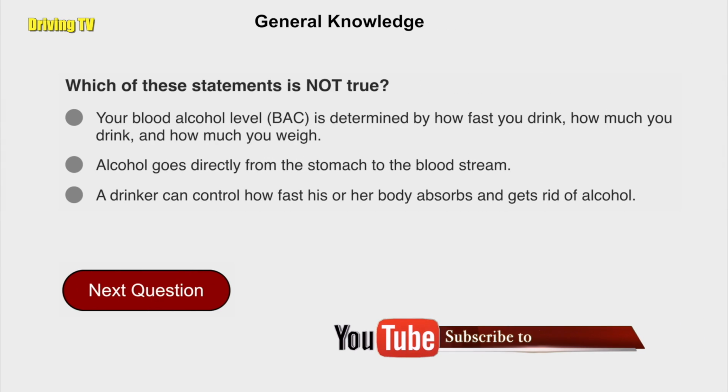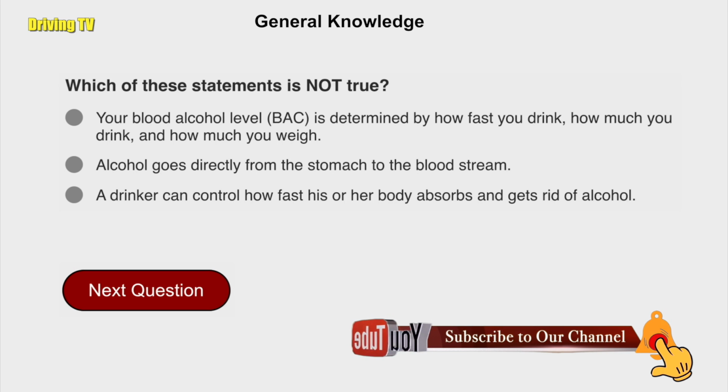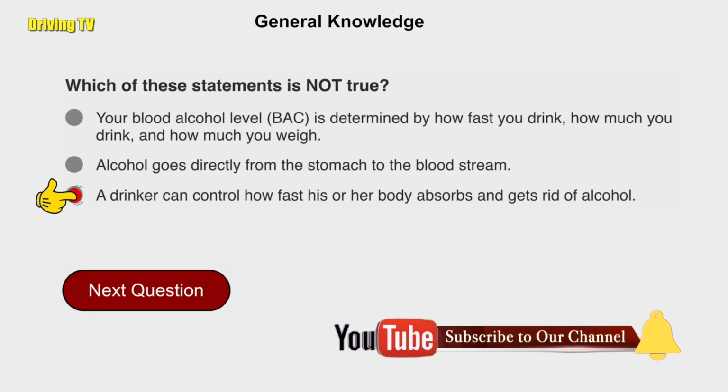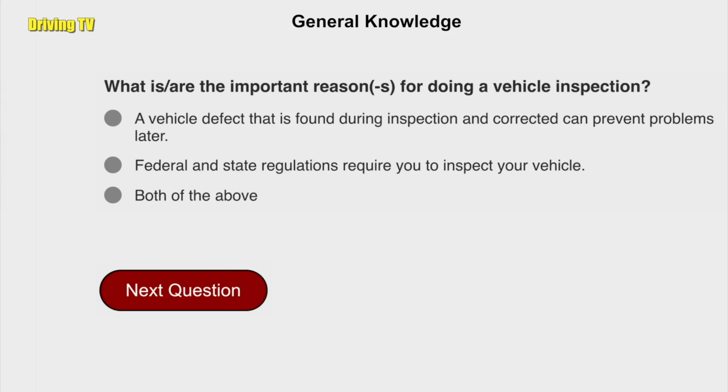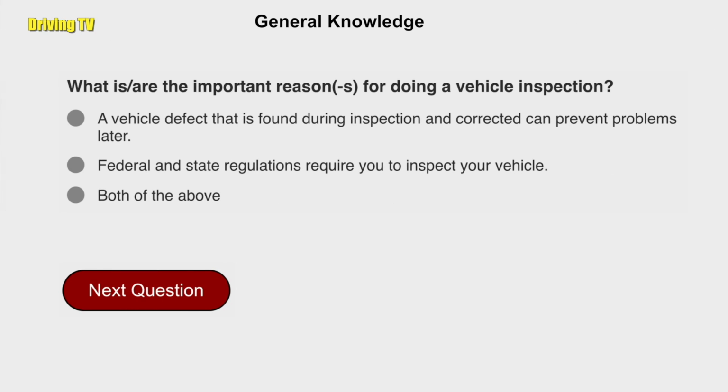Which of these statements is not true? A drinker can control how fast his or her body absorbs and gets rid of alcohol. What is or are the more important reasons for doing a vehicle inspection? Both of the above.